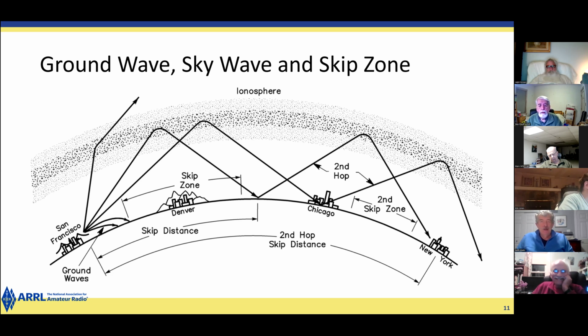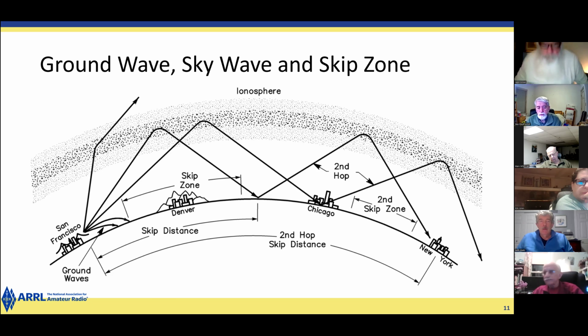But the other thing is, if you think about the geometry of skip, radio waves don't come down at all distances from your location. What this shows here is a couple of different hops, and it's not to scale.